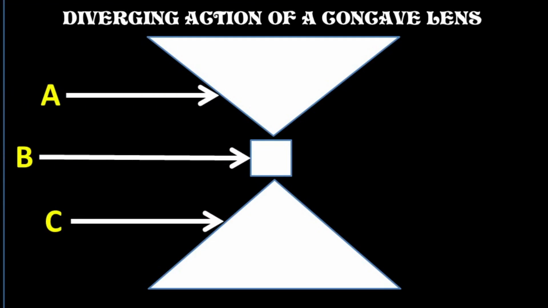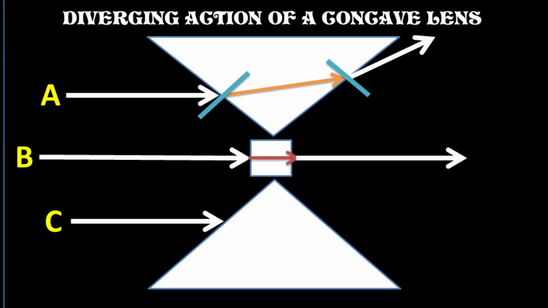Incident ray A falls on the surface of prism at the top and moves towards the normal. And while emerging out, it goes away from the normal following the laws of refraction. Now light ray B goes straight as it is passing through the normal.